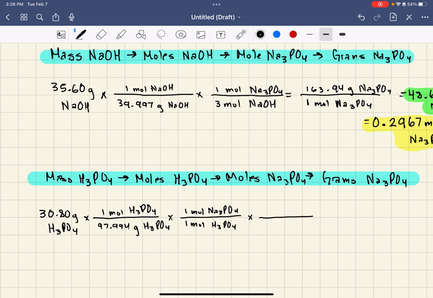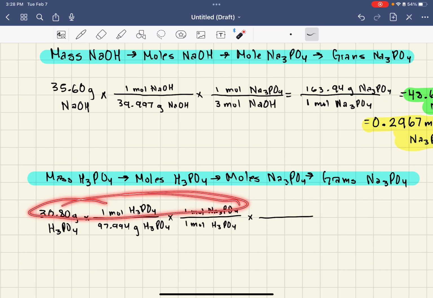So that'll be 30.80, multiplying times 1 again, so it cancels out, divided over 97.994 times 1, which will just be itself.